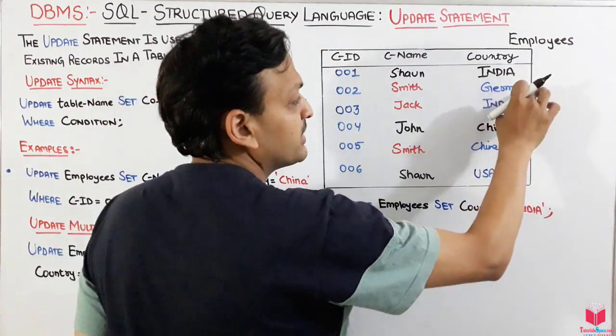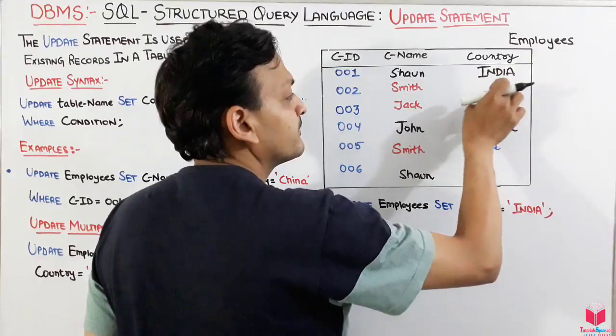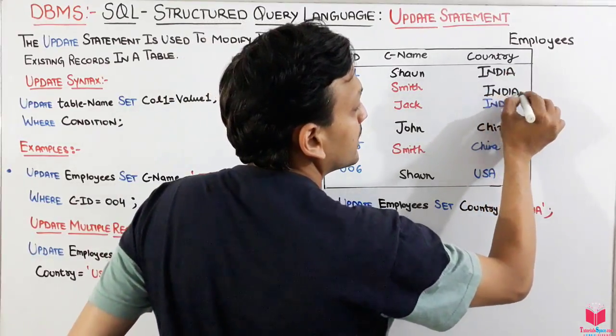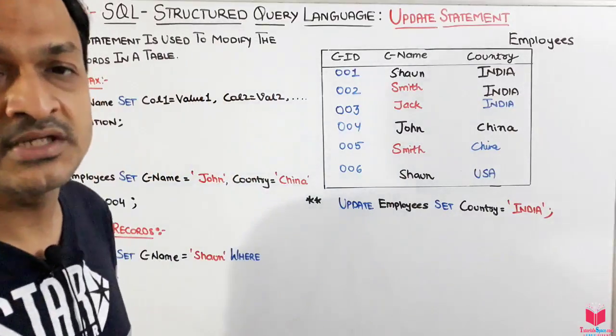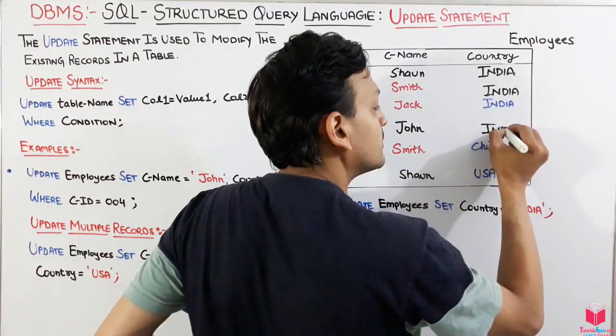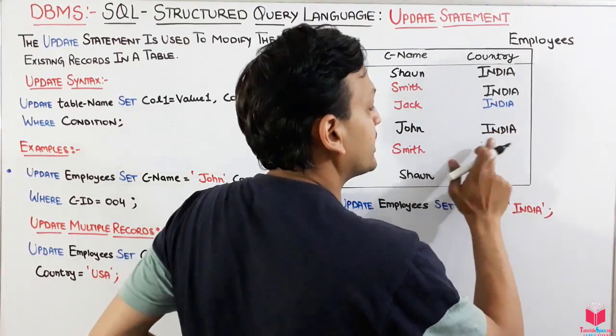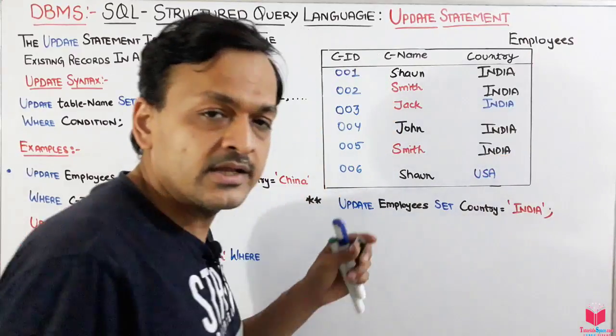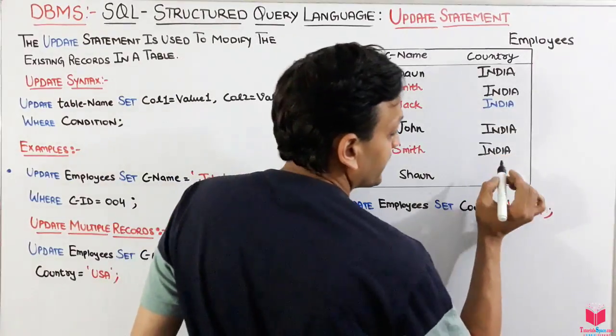After that, Germany is also not equal to India, so it will be updated. This is India, no need to change India here. This is China, change to India. Here is China again, change to India. Here is India, keep its value India.